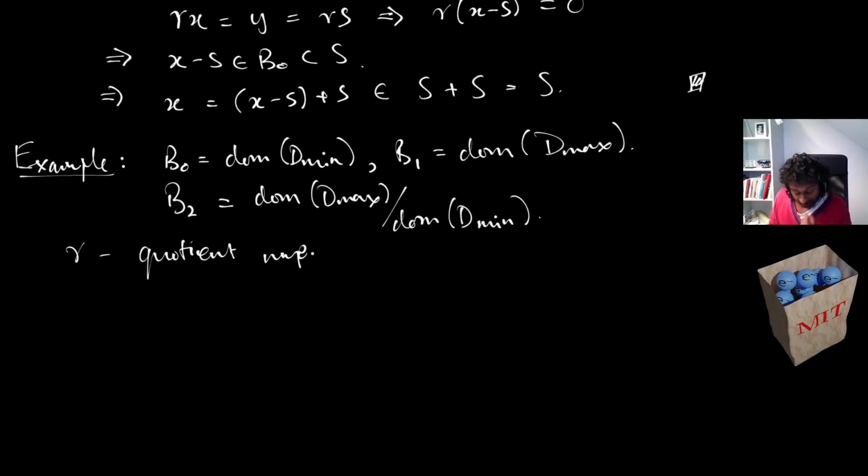So why do I want to give this example? Because I really want to emphasize that the interesting information for us in terms of understanding boundary value problems is really contained in dom dmax mod out dom dmin.